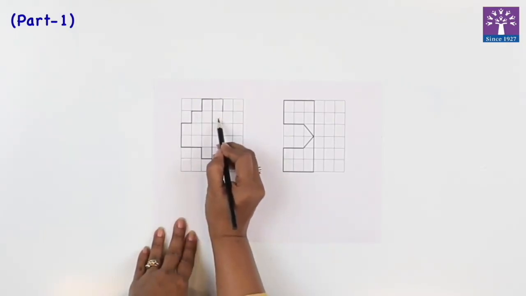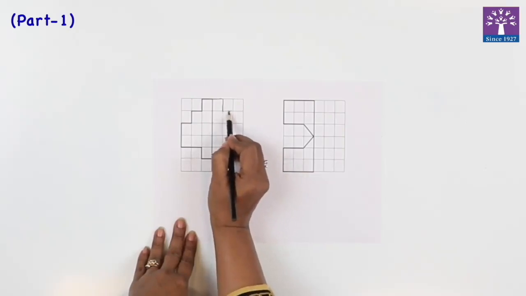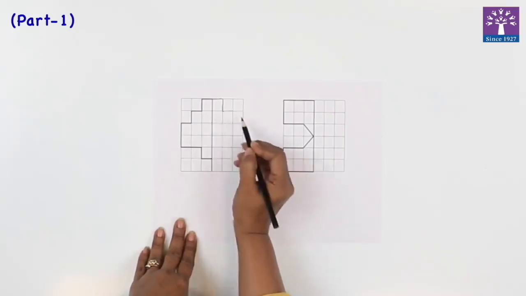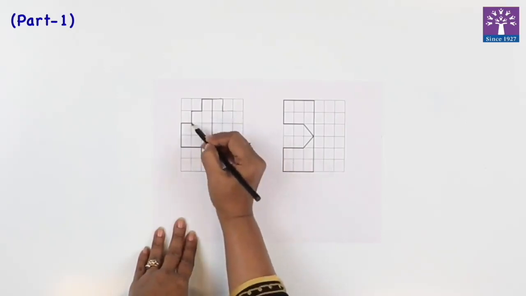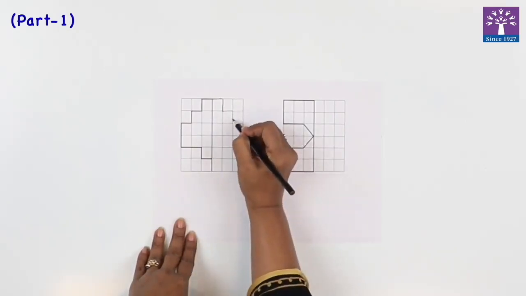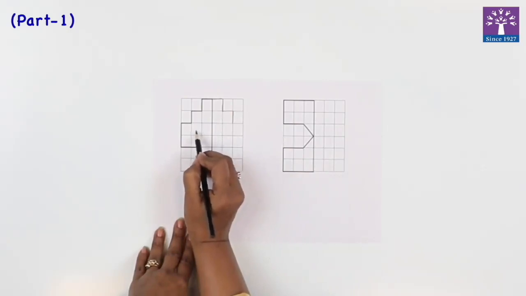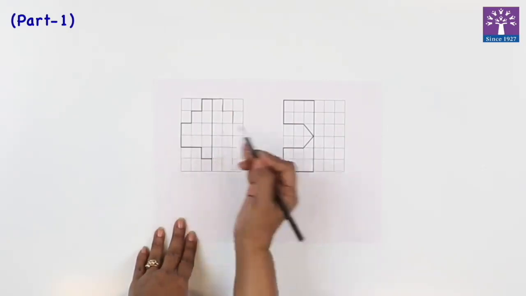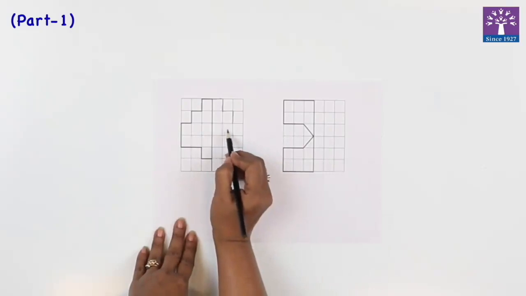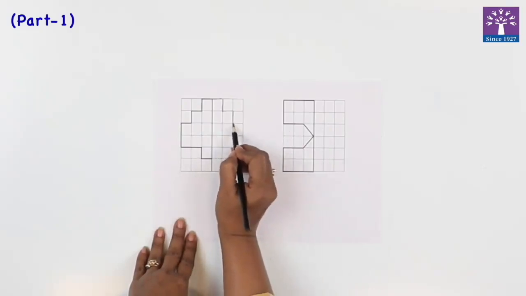So let's count on the right hand side, 1, 2, and then we draw a sleeping line. Then again there is a standing line on the same square. Then we are counting 3 squares, 1, 2, 3. Similarly on the right hand side, 1, 2 and 3. There we go again, a sleeping line.